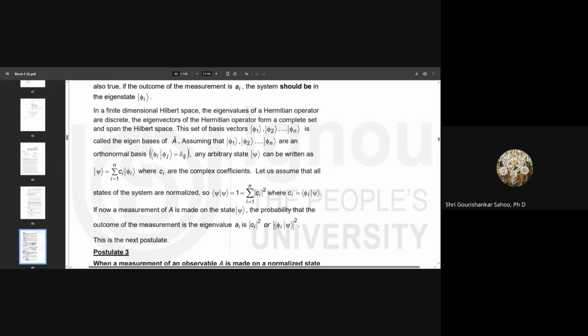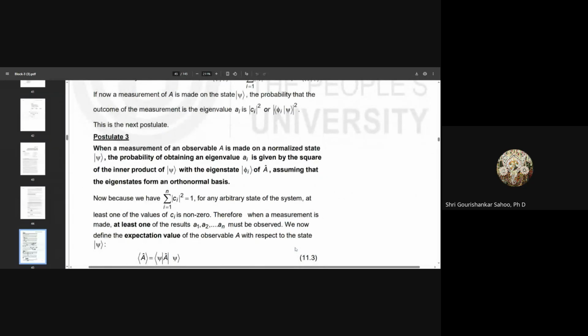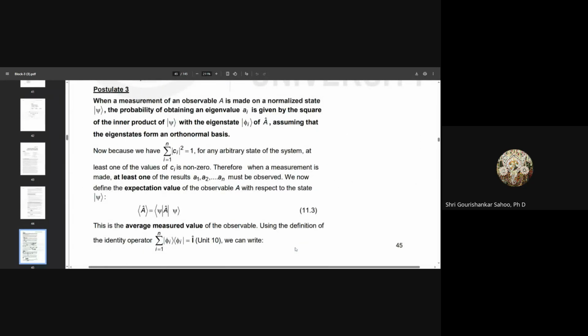Okay. And the next postulate is, when a measurement of an observable A is made on a normalized state ψ, the probability of obtaining an eigenvalue ai is given by the square of the inner product of ψ with the eigenstate φi of Â, assuming that the eigenstates form an orthonormal basis.